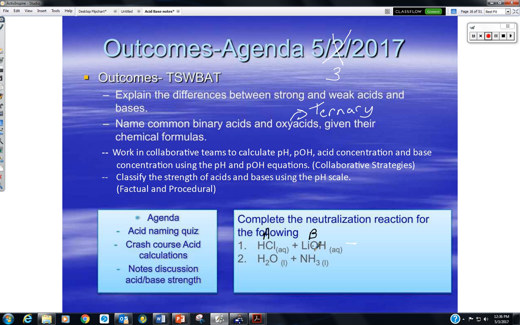Lithium hydroxide is the base. So hydrochloric acid is going to donate a hydrogen to lithium hydroxide. Actually, in this case, it's going to be a double replacement reaction where the hydrogen pushes out the lithium.